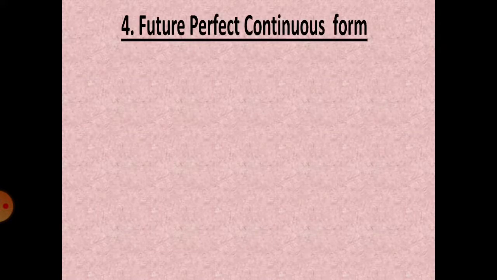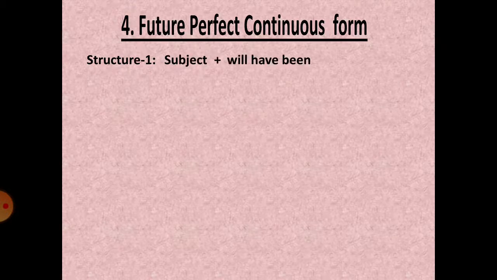Okay. Now come to the last part, last form of future form, that is called future perfect continuous form. Here is the structure. First subject, then will have been. We have to put will have been.